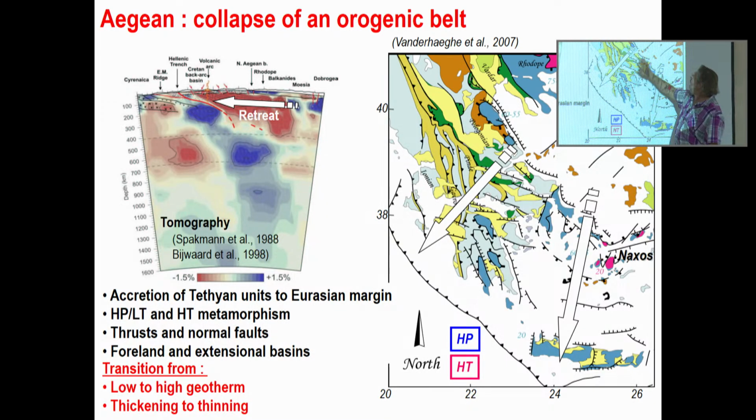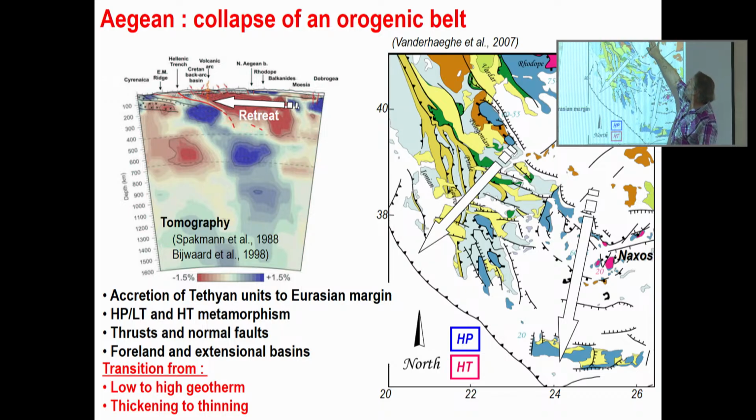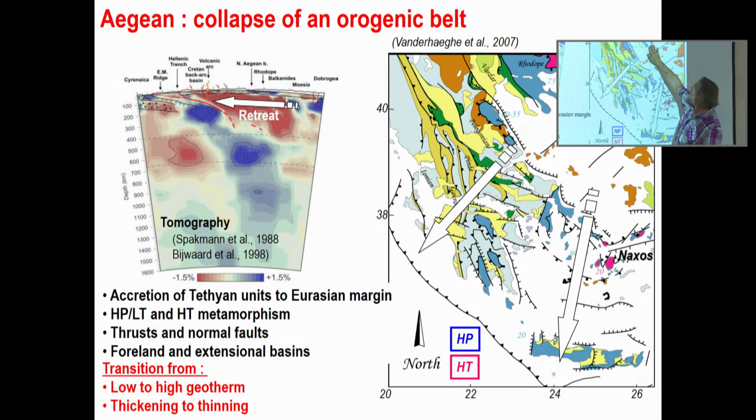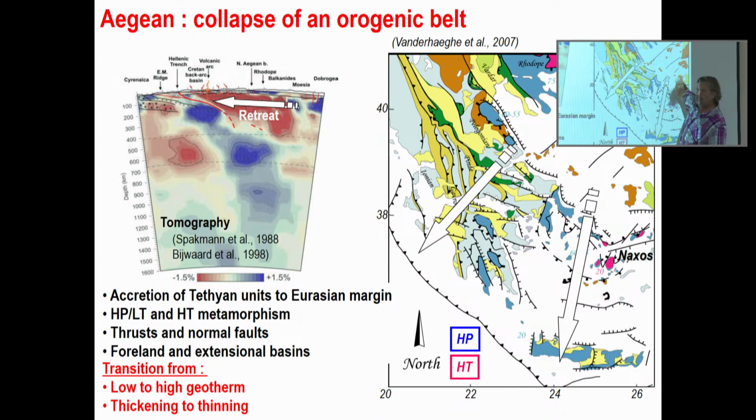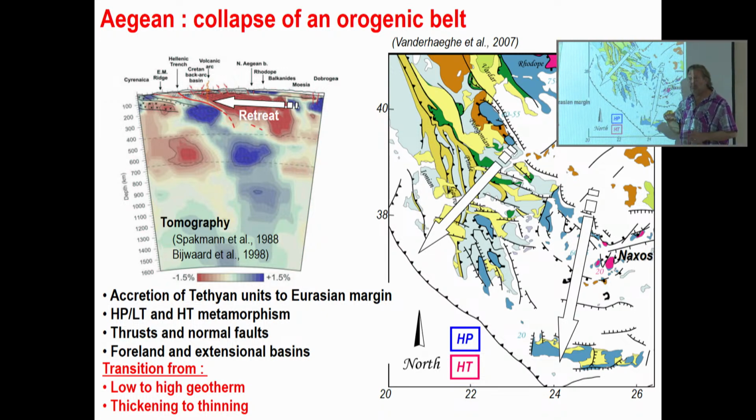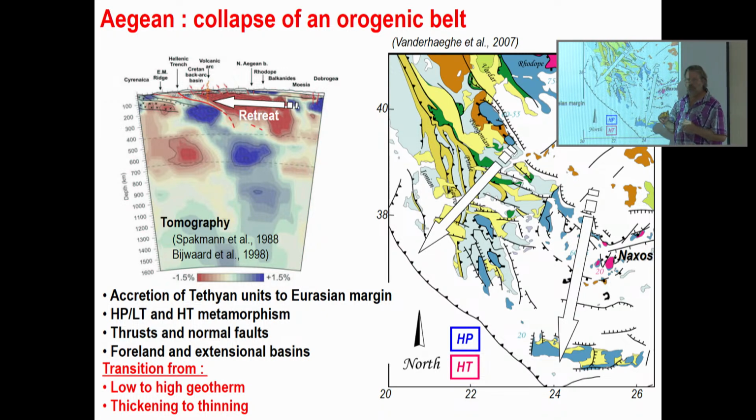And you have also high pressure, low temperature units that are in the dark blue. Here, here, here, in Crete. But also high temperature, mid pressure, low pressure units in red.